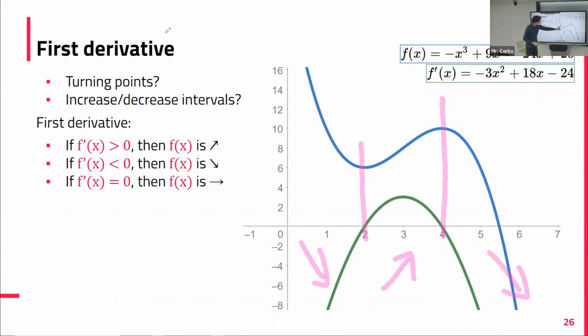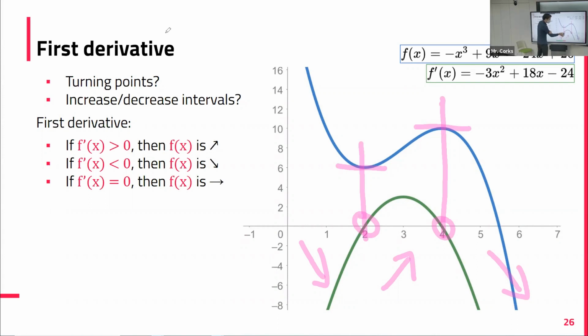So first, at these turning points with our original function, the blue one, what is happening with the green function, the derivative? 0. So right there. Again, the turning points mean your slope there is exactly 0. The derivative is the thing that tells us the slopes.